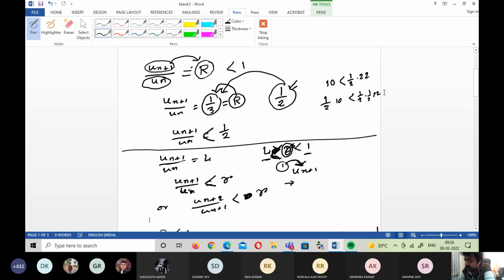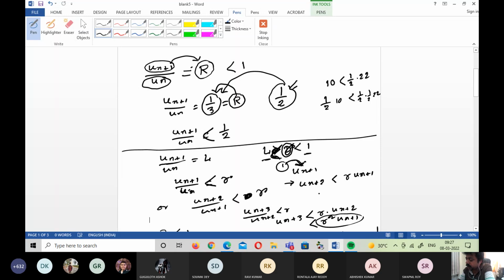You just apply the same concept here. u(n+2) can be written as less than r into u(n+1). Similarly, u(n+3)/u(n+2) is also less than r, so u(n+3) is less than r into u(n+2), which may be written as less than r squared u(n+1).